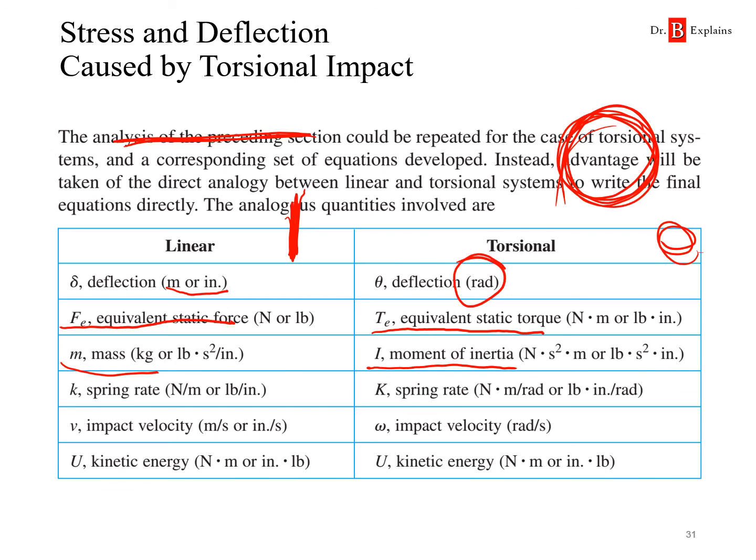And then we're going to have a spring rate, which is K. Instead of an impact velocity in meters per second, we're going to have a rotational impact velocity, so it's radians per second. And then the energy absorbed, or kinetic energy, is going to be the same.